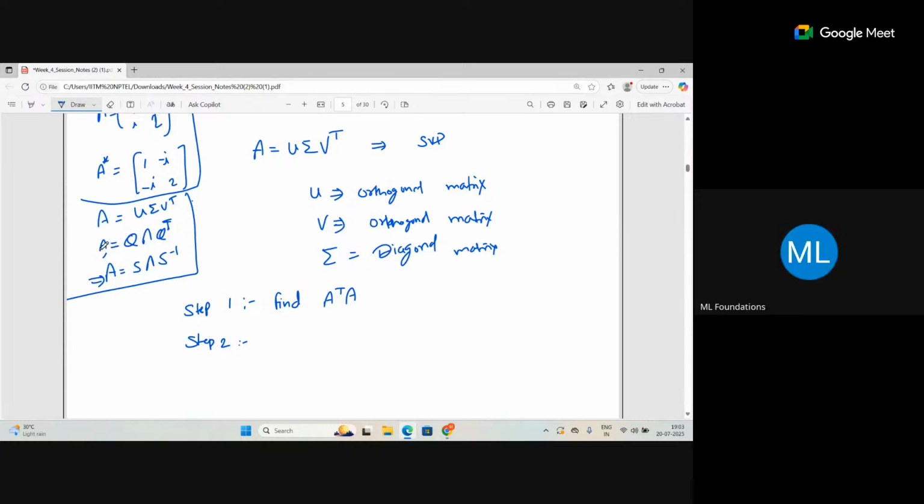The matrix should be symmetric and positive definite; that condition is also there. The SVD is for rectangular matrices, the second is for symmetric and positive definite matrices, and the diagonalization is only for square matrices.